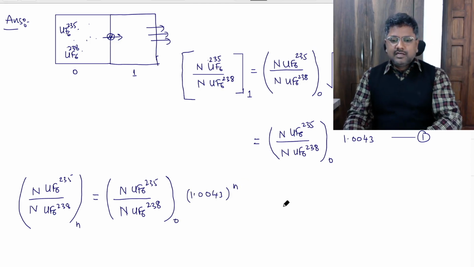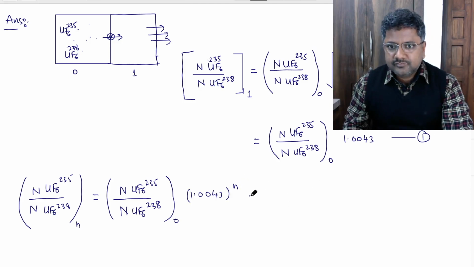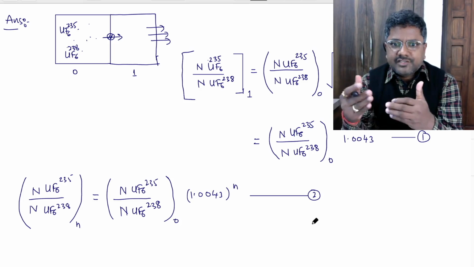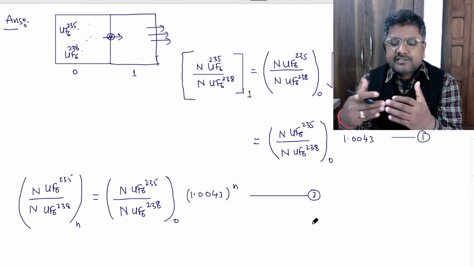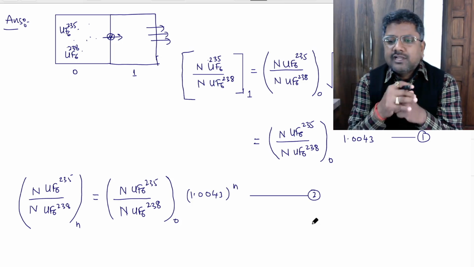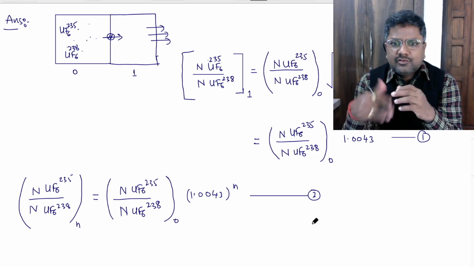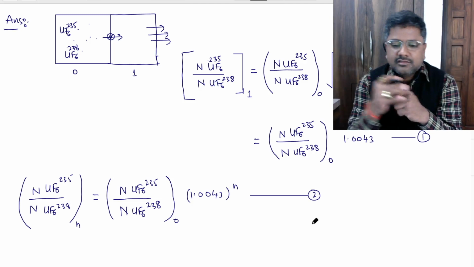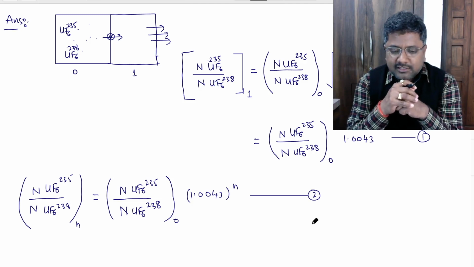So this is because in every stage the mixture is enriched by 1.0043 times with respect to the lighter isotope, right? So this is the enrichment factor, 1.0043 to the power n after the nth step, right? After the nth step.